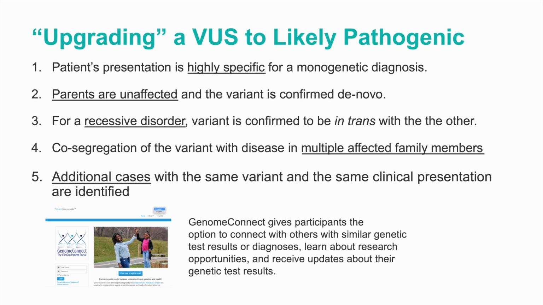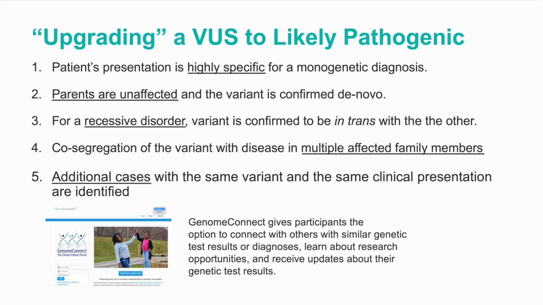It will allow them to enter their own information, their clinical information, how much information they want, their contact information, and their genetic results, including VUSs. And then they would receive updates through GenomeConnect if a VUS was upgraded or downgraded.